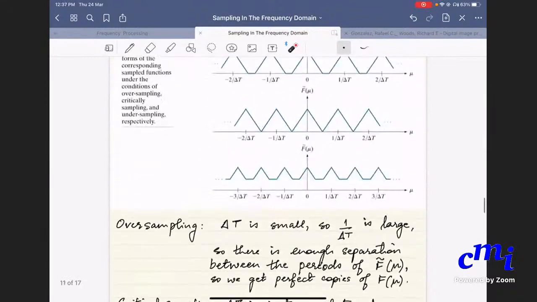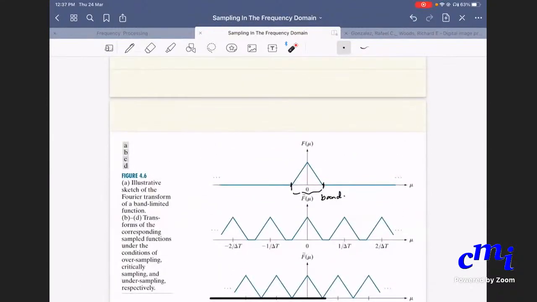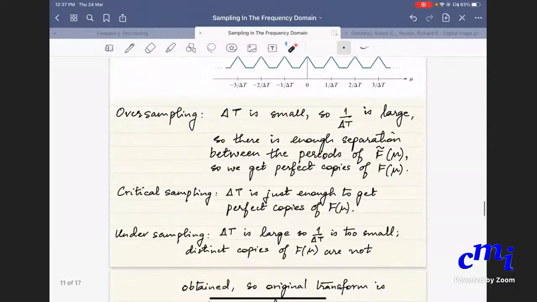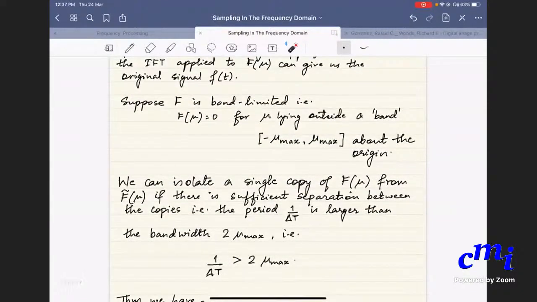So essentially f of mu is 0 outside this band and non-zero in here. This is just a shape in this picture. The shape could be anything here. That doesn't matter. The point is it is 0 outside this band. The action is happening only in this interval. So that means it is band limited. If f is band limited, then the length of this interval is the bandwidth.